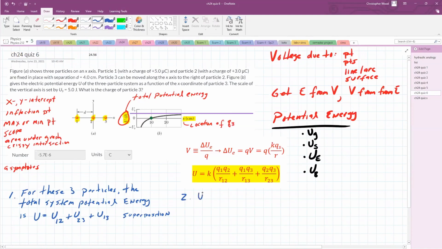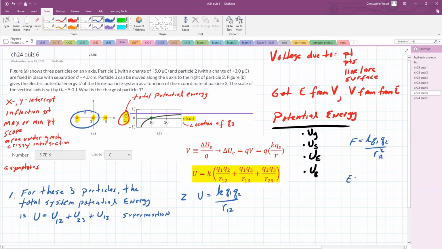This potential energy is going to equal the potential energy between 1 and 2. Again, I'm going to focus on 1 and 2, which is just going to equal K Q1 times Q2 all over R12. Okay, so just so you're not confused, these all start to look the same. We had F equals K Q1 Q2 all over R12 squared. Fine.